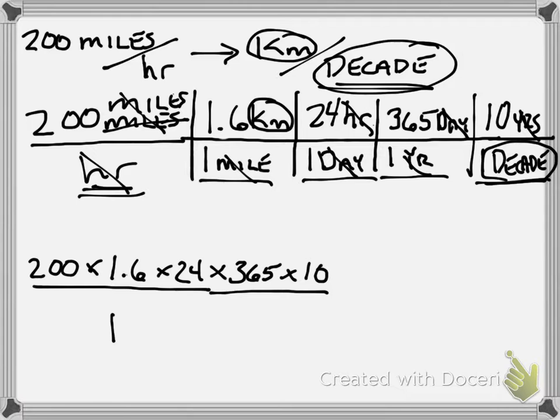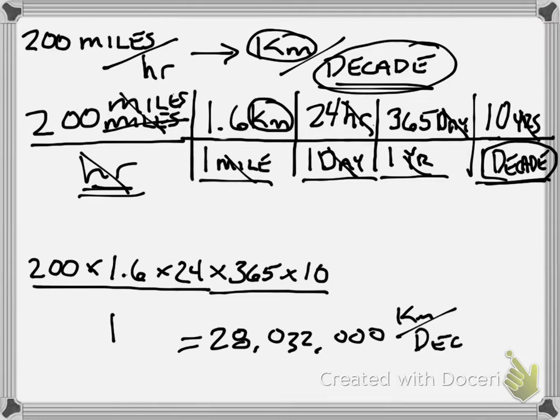And so when we do this, you get 28,032,000. And this would be our units of kilometers per decade.